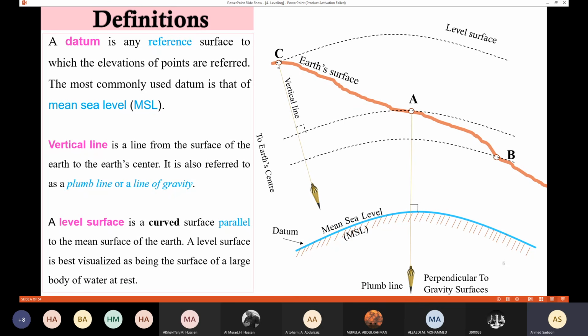Similarly, for point C, the level surface is going to be parallel to the MSL. Finally, the level surface for point B here is going to be a curved surface parallel to the MSL. Okay, so now we understand three main definitions.